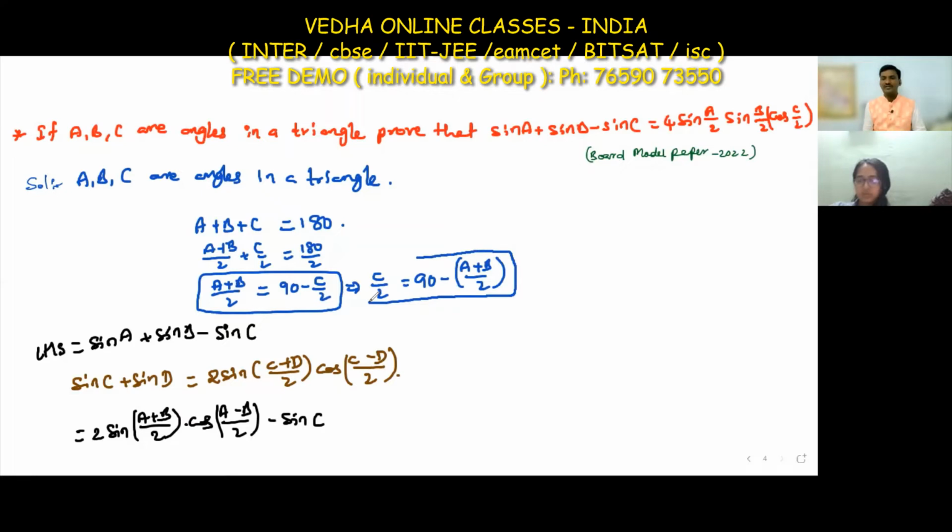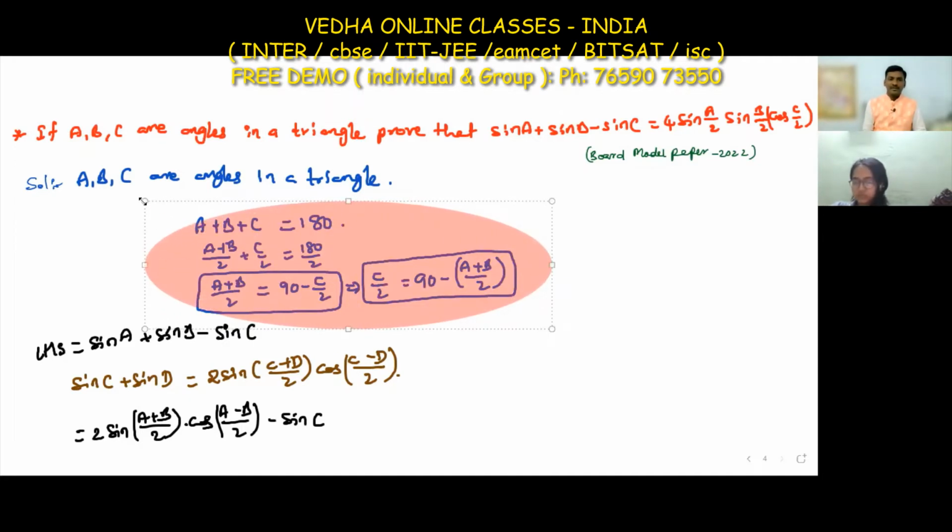This is the value of C by 2. This is very important. Now we have to replace A plus B by 2 with 90 minus C by 2.